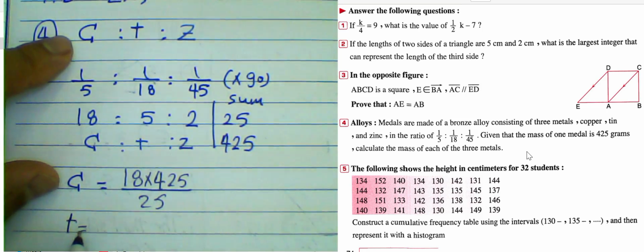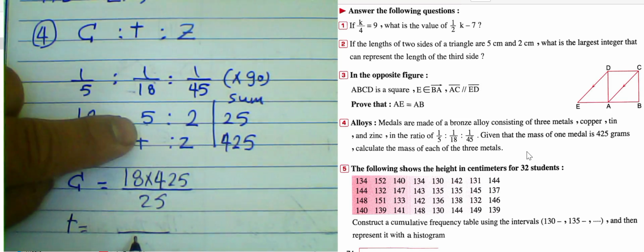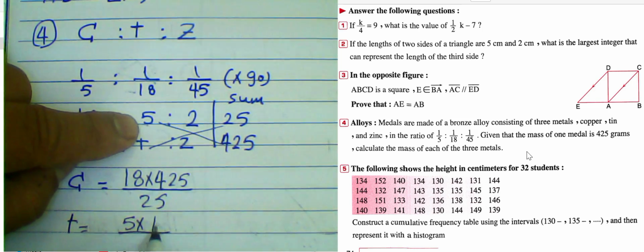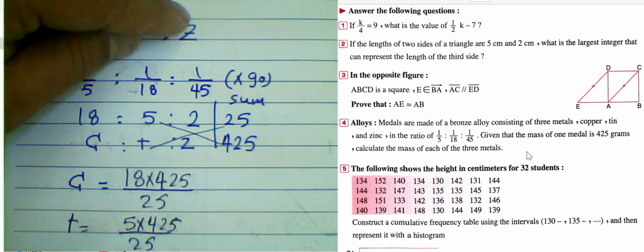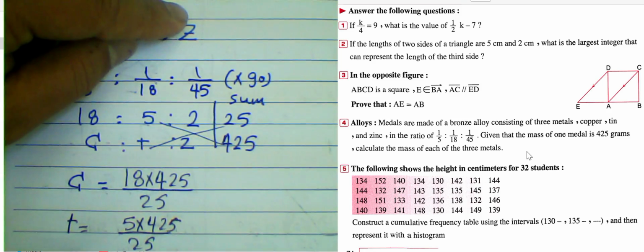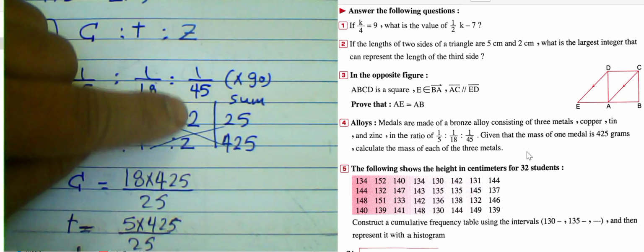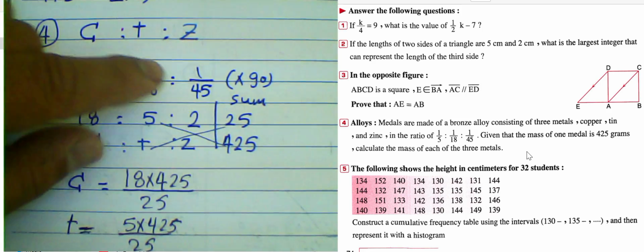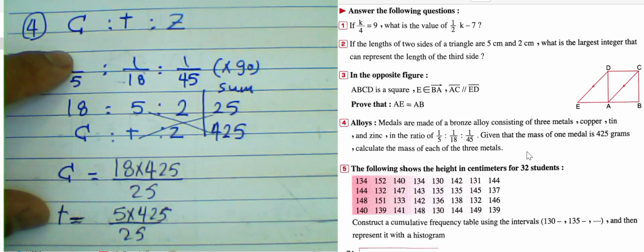And what about the second metal? 5 multiplied by 425 divided by 25. And what about Z? Here, 2 times 425 divided by 25.